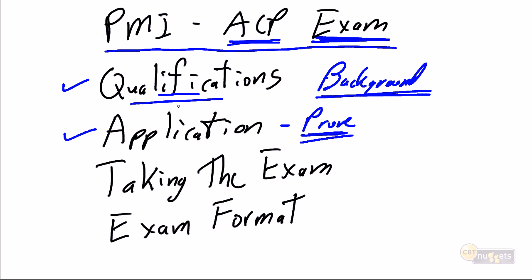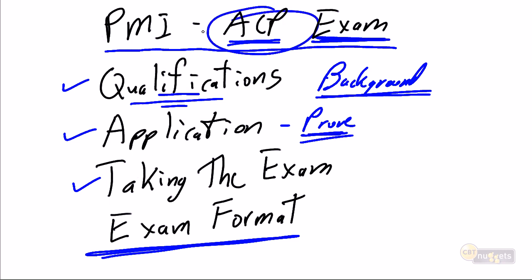But assuming your application is accepted, you will then go on and take the exam. So we'll review the process for scheduling your exam, where you will take your exam, how you take the exam, and finally, most importantly in this particular nugget, we'll review the format of the exam so that there are no surprises, that you are prepared when you go in to take and pass your ACP exam.